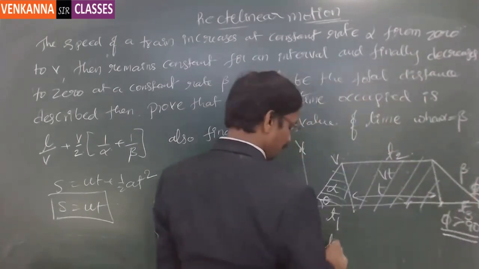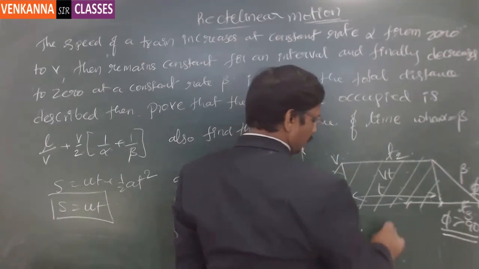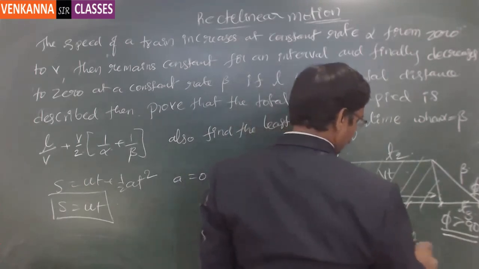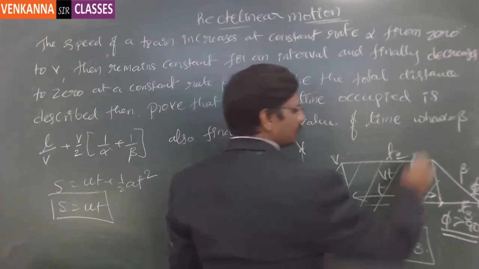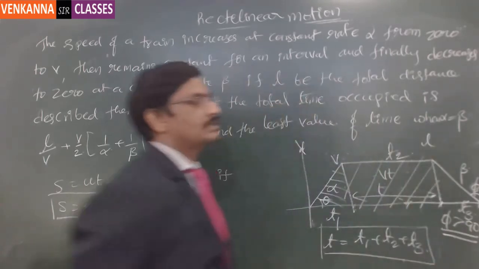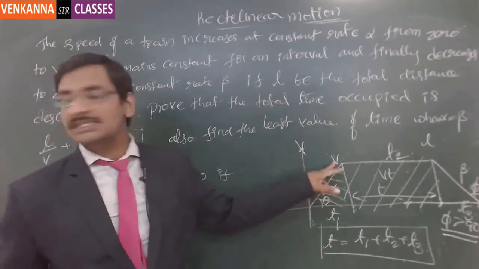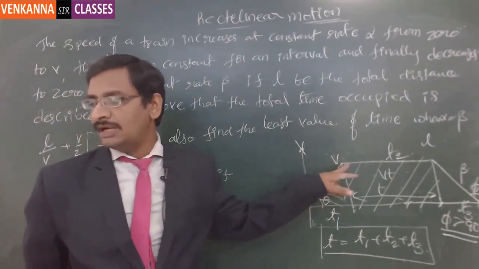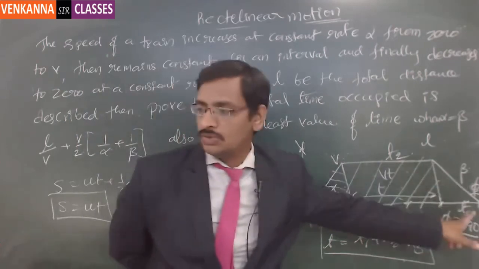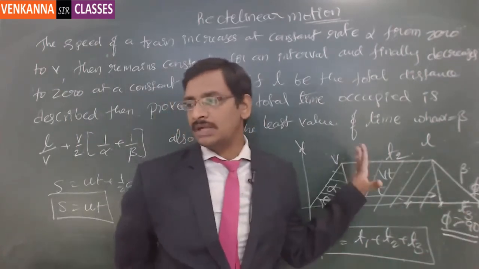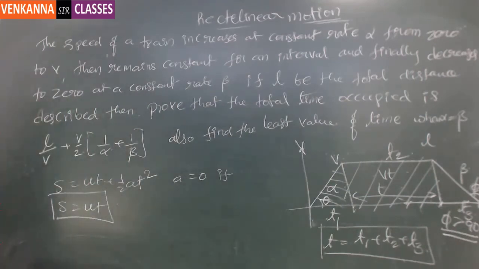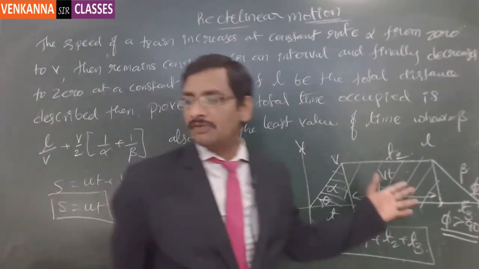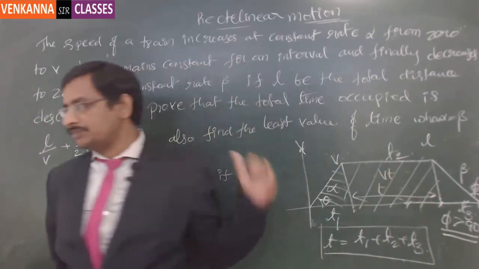So he asked us to find out t is equal to t1 plus t2 plus t3 in terms of total distance. The area under the entire curve is L. So that is the total distance. The velocity reaches a maximum value that is v and it maintains there. From there it comes to 0. So with this understanding, try to prove this relation. Without even knowing any mechanics, with the help of this graph itself, you will be able to prove this relation.